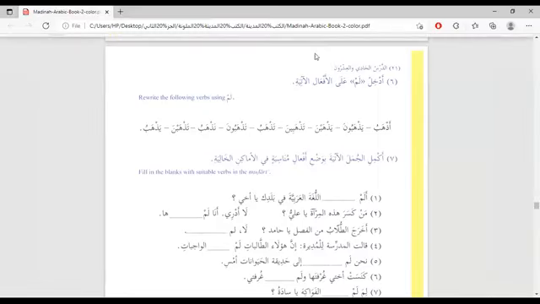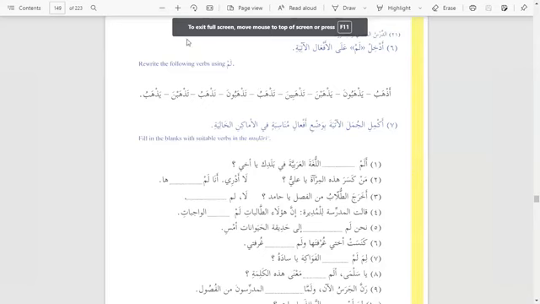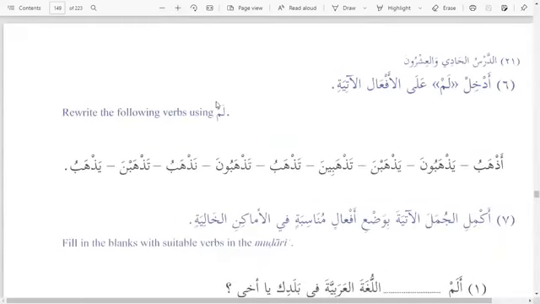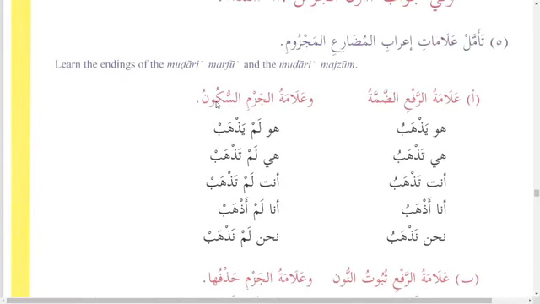Do you remember where we finished yesterday? We talked about the alamat al-majzoom and the alamat of mudari. We learned that dhamma is the alamat al-raf'i, so when we talk about marfu, dhamma is the sign of marfu.